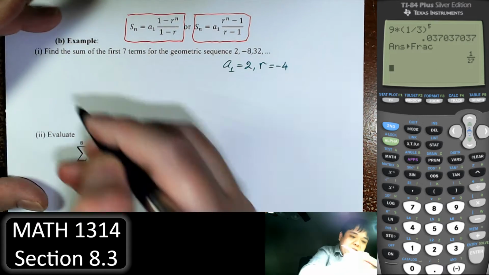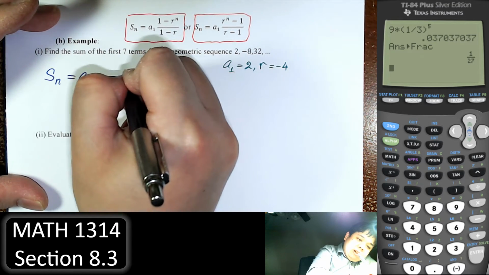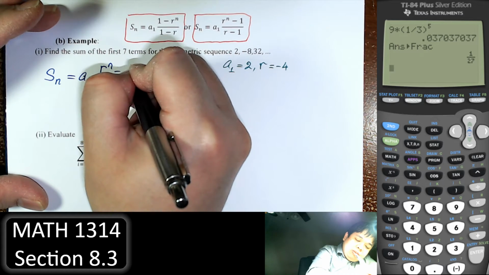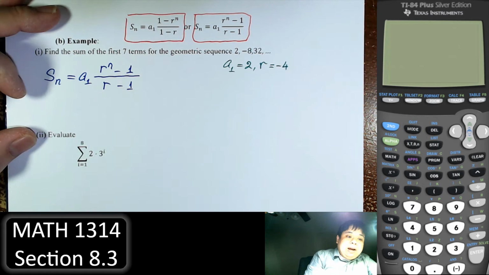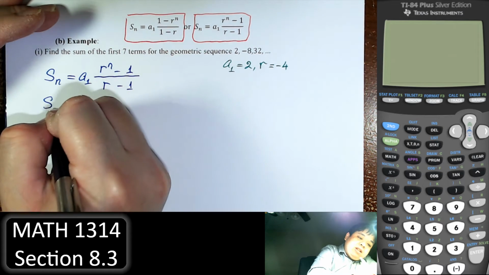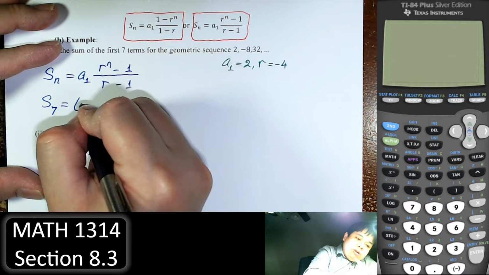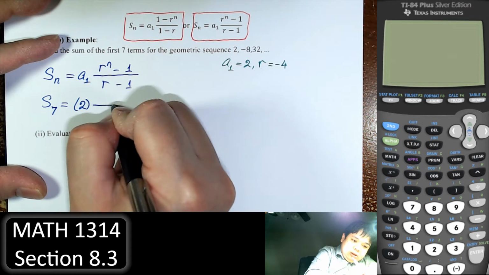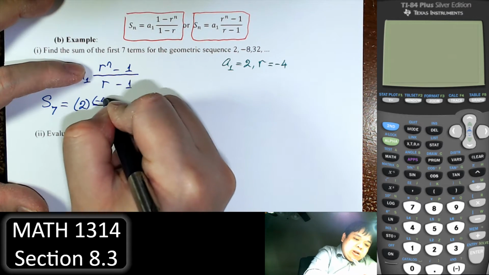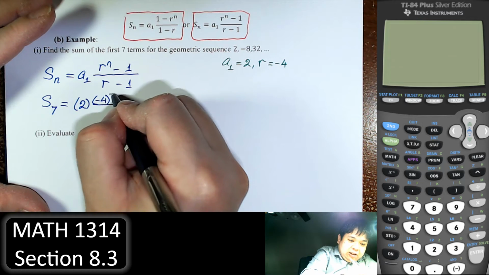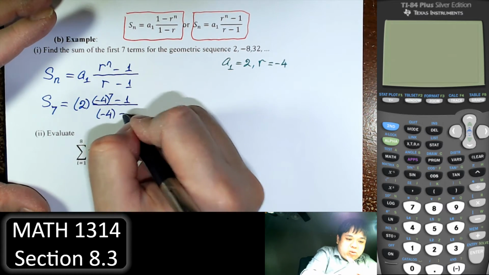So the sum of the first 7 terms, let's just write the formula. a1 times r to the n minus 1 over r minus 1. Now, we want the sum of the first 7 terms, so 7 is equal to n. a1 is 2. r, common ratio is -4. n is 7 minus 1 over -4 minus 1.